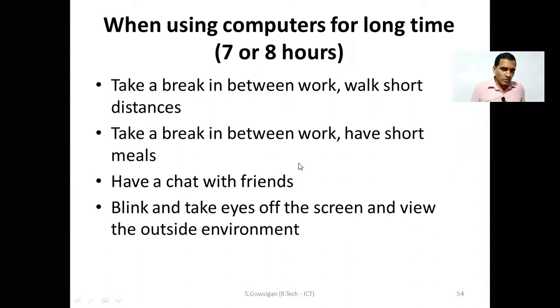Finally, this is important. Often you have to take your eyes off the monitor and see other beautiful or natural things. Often take your vision off the monitor and look at other things. You can even blink your eyes. That is important. Whenever you use a computer, try blinking. That is always good for your eyes.